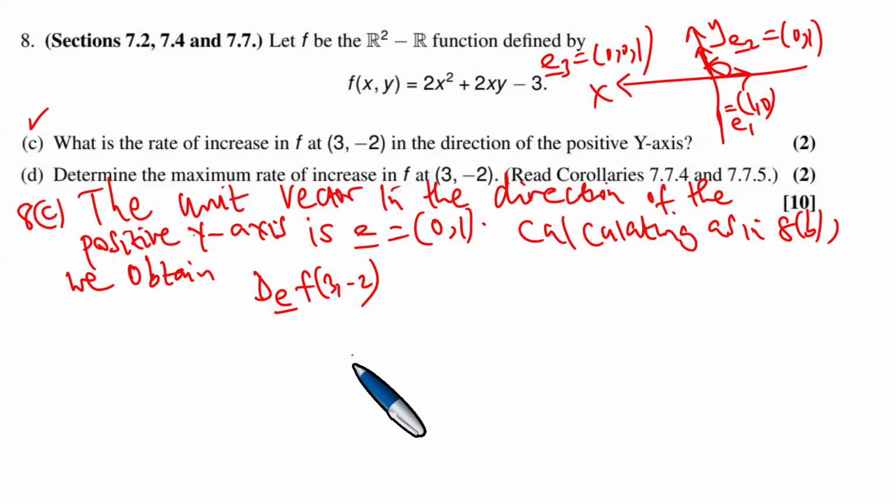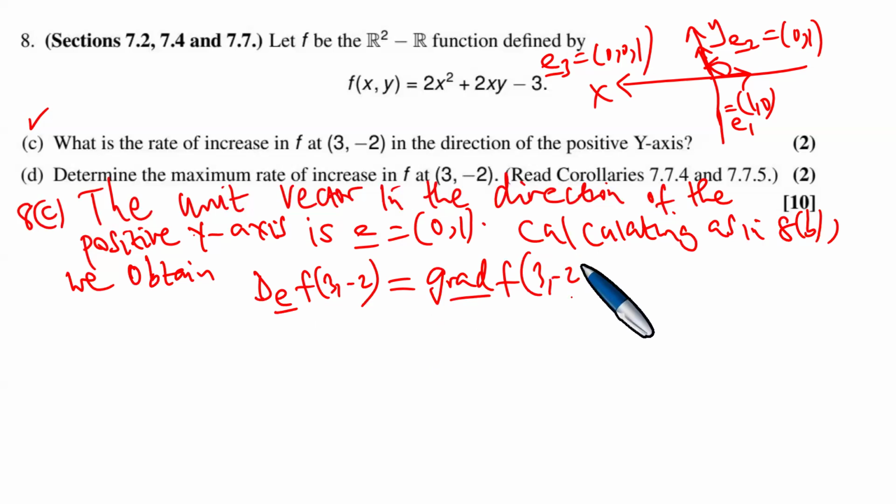This directional derivative is the gradient of the function f evaluated at 3 and minus 2, because it is at 3 and minus 2 still, in the direction of the positive y-axis.